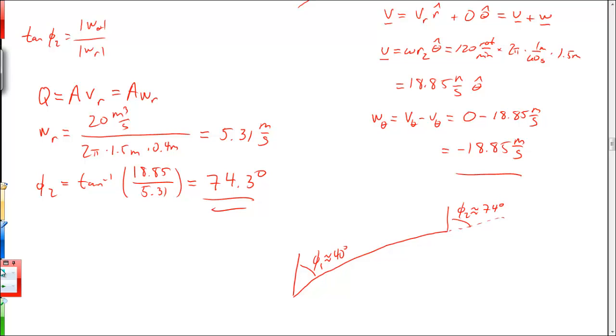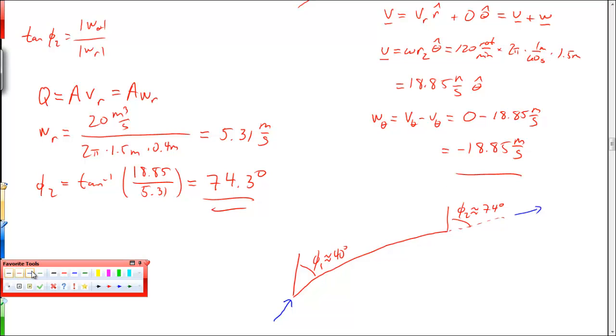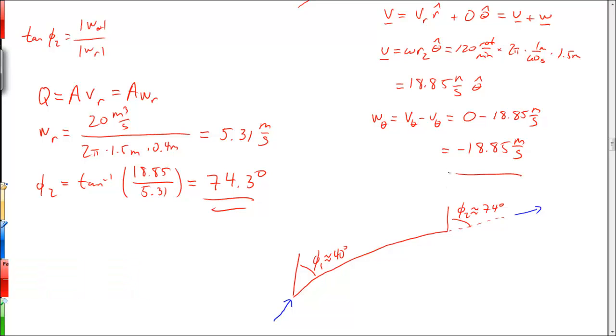And when we do that, in the relative frame of the rotor, once again, the flow will come in parallel to the leading edge. We've specified that it will leave parallel to the trailing edge here, but in the stationary reference frame, it will have a purely outward component because, of course, the motion of the rotor blade to the left will exactly counter the theta component of the relative velocity to the right.